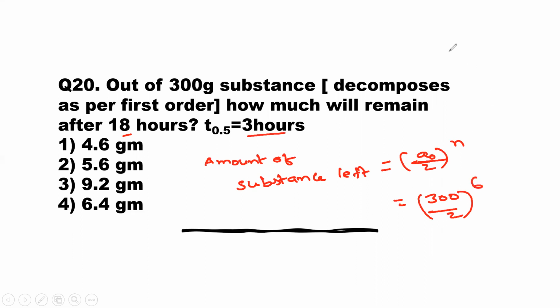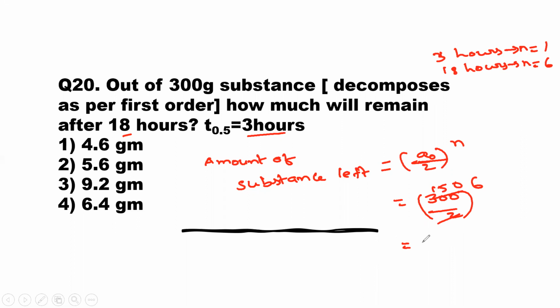So n is equal to 6 here. Why? Because for 3 hours, n is equal to 1. For 18 hours, n becomes 6, because the number of half-lives becomes 6. So 300 by 2 is 150, 150 whole to the power of 6.